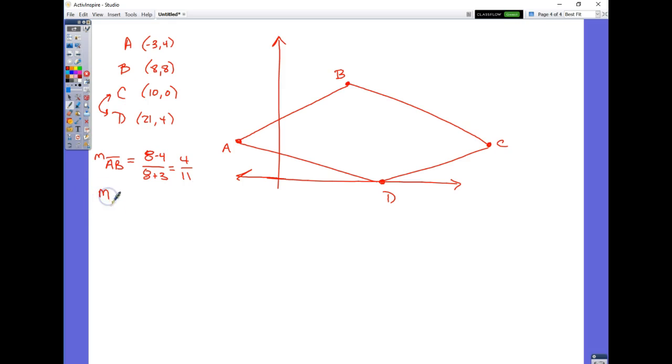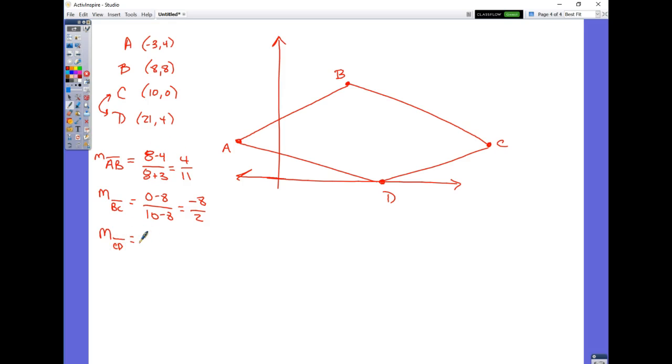We can find the slope of segment BC, which is 0 minus 8 over 10 minus 8, which is -8 over 2. We have slope CD.